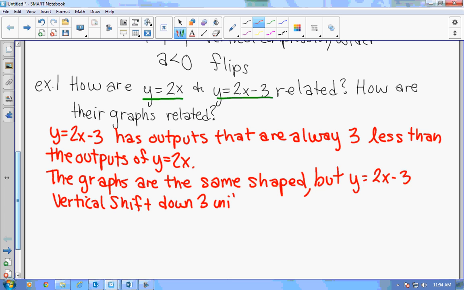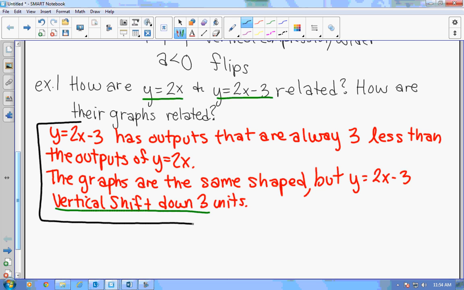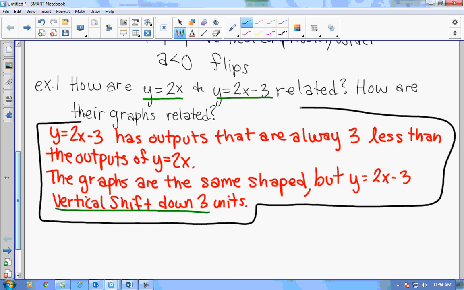I like to have those 4 words. Vertical shift down 3. 4 words when you're describing those shifts or those translations. That would be the answer to explain how they're related. Does that make sense? I don't think we've done anything too new yet.